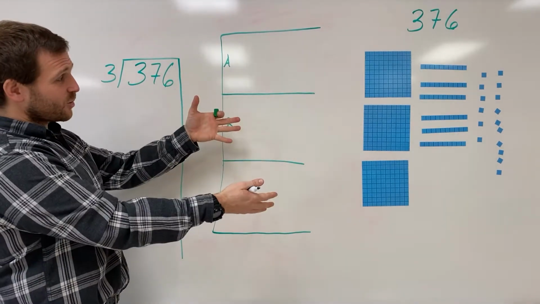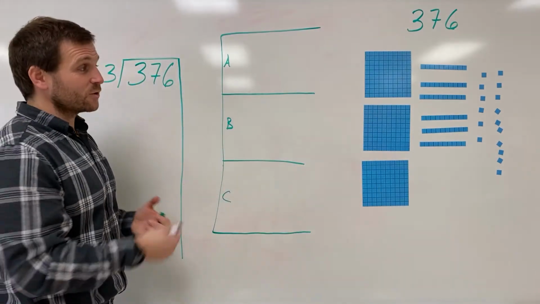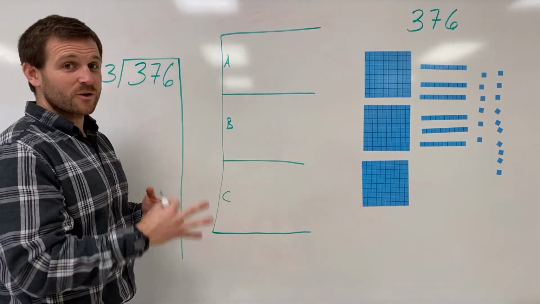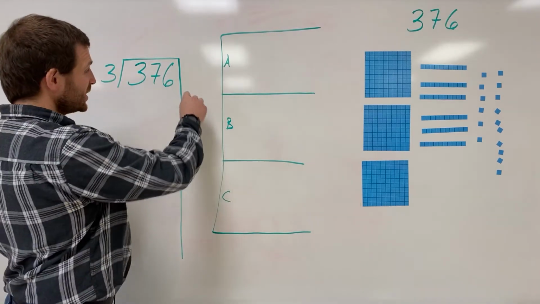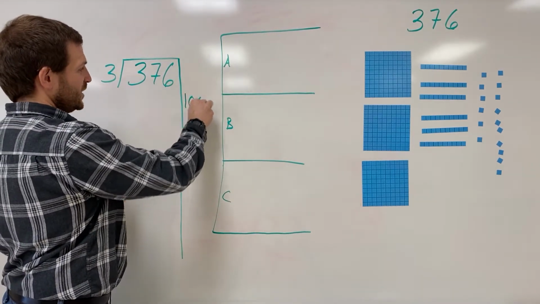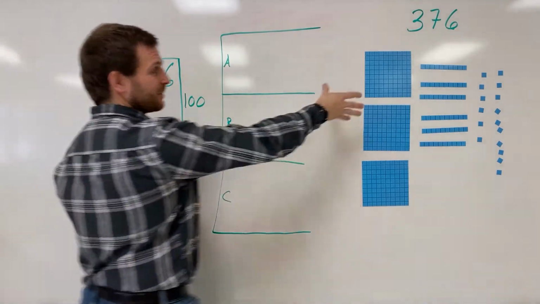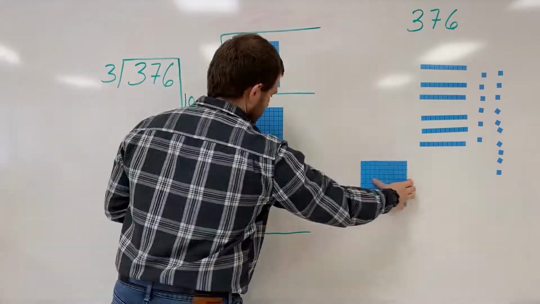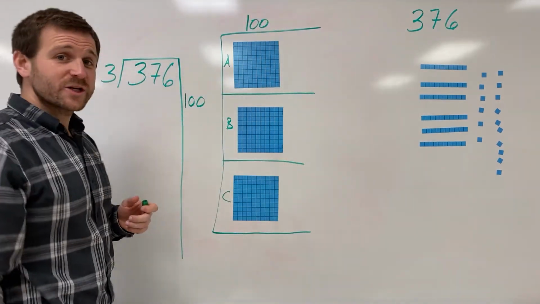So I am doing 300, and I can see here visually, I have my hundreds. I can remove 3 hundreds, or 3 individual groups of 100. So I'm going to put 100 here, and I'm going to put 100 into each one of my groups. So I'm going to take my 100 cube here. So my first partial quotient is 100.